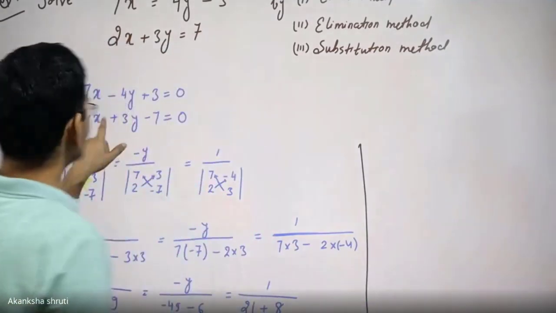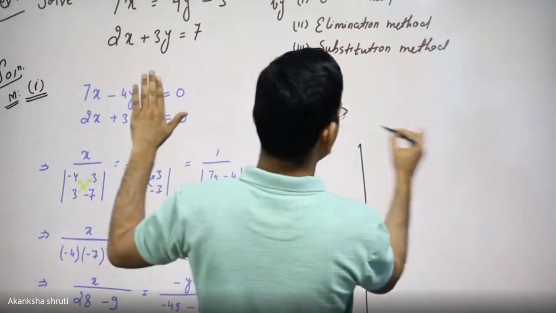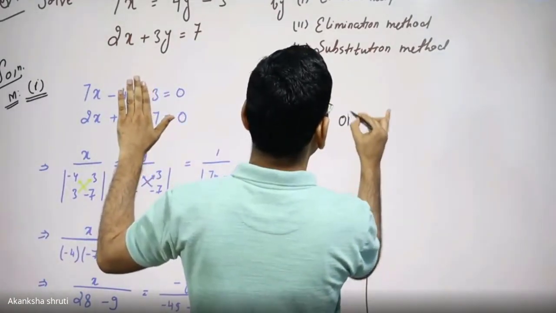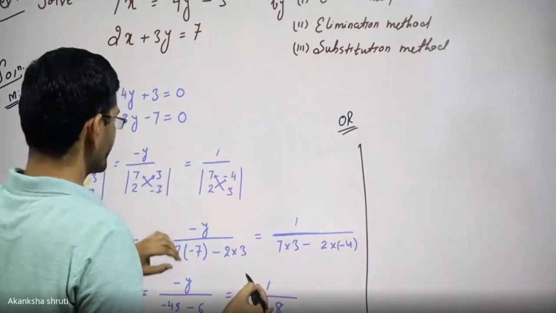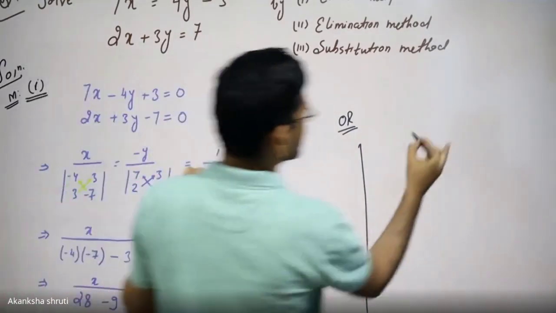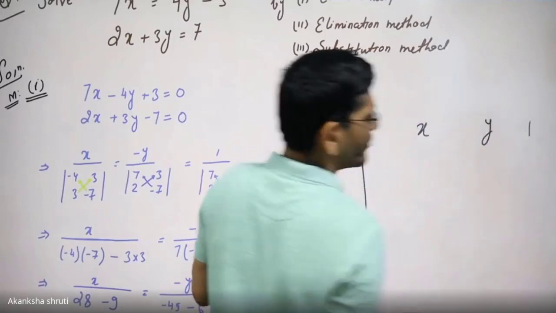But it still means the same thing. Students, x, how will you write it? The same method may be written in a different way. So write this x, y and 1.